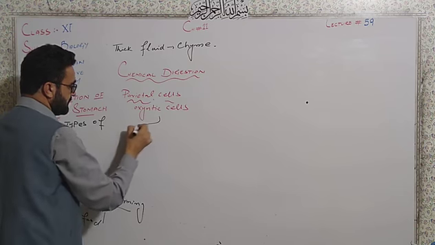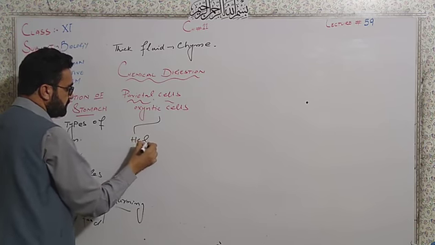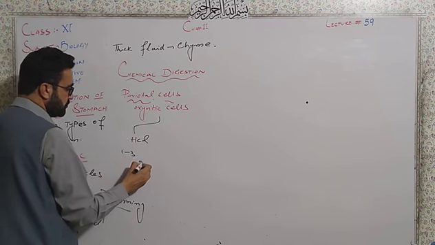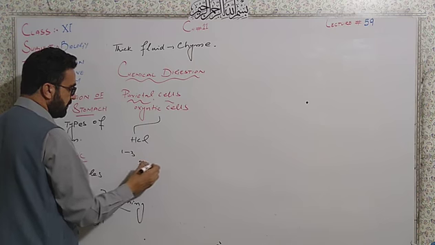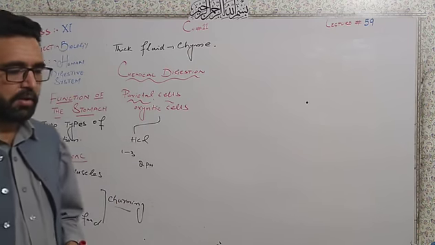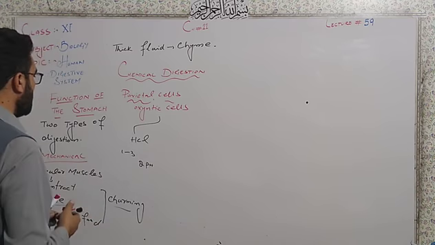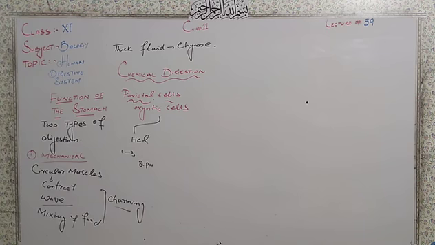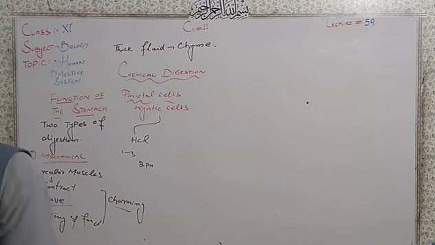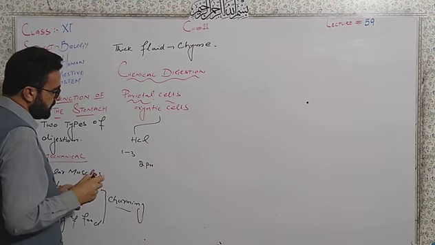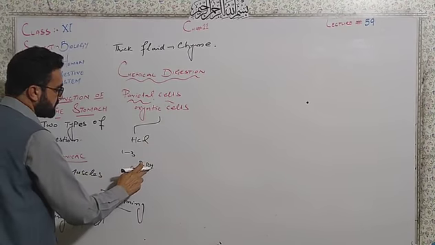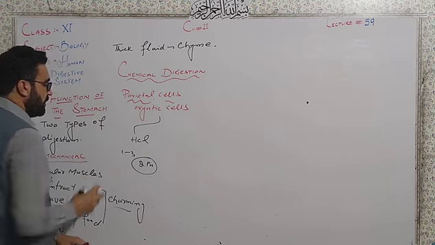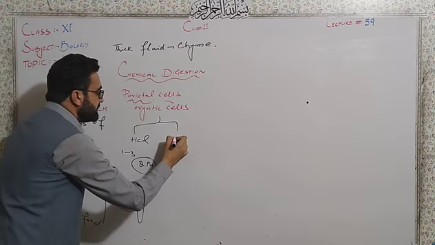One is strong HCl, whose pH is 1 to 3. The most probable is pH 2. HCl is a strong acid, so its pH is close to 2. And one is the intrinsic factor.